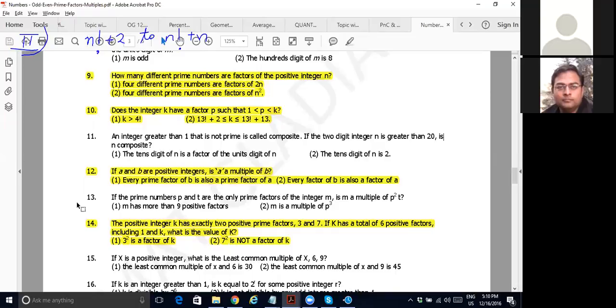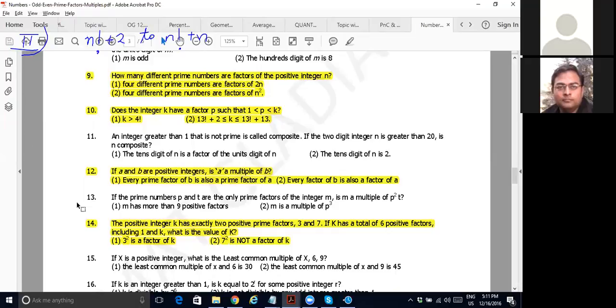In data sufficiency problems, you have to rephrase the question to say something meaningful. Oh, you mean can P divide K such that P lies between 1 and K? So the question actually means, is K a prime number or not?